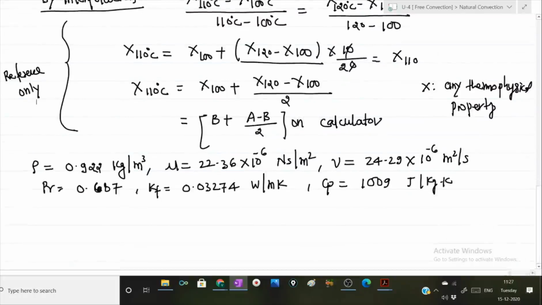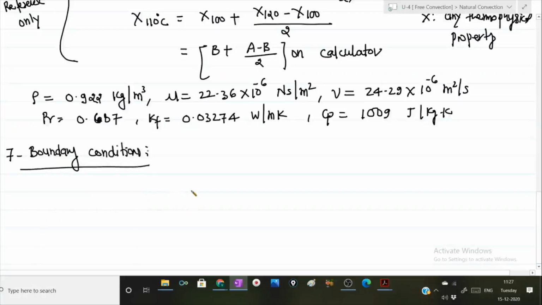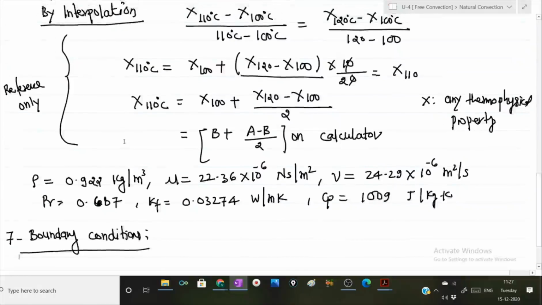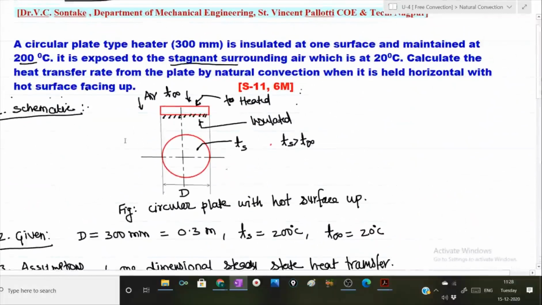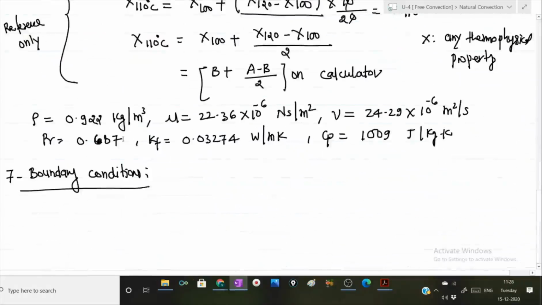Then after finding out the thermophysical properties, step number 7 is boundary conditions. So what is the boundary condition here? In the problem, surface temperature of the heater plate is given. That means the boundary condition is constant wall temperature.